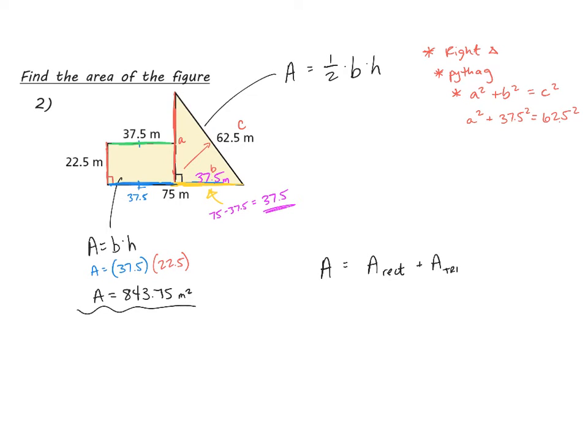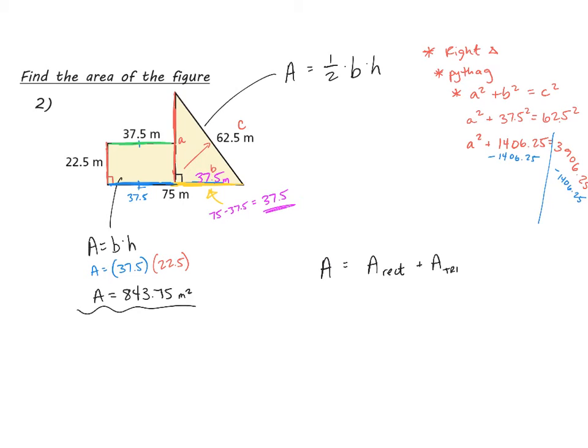All right, so let's see. I've got A squared plus 37.5 squared is 1406.25 equals 62.5 squared, 3906. I gotta solve it for A, so let's subtract both sides of the equal sign, right?